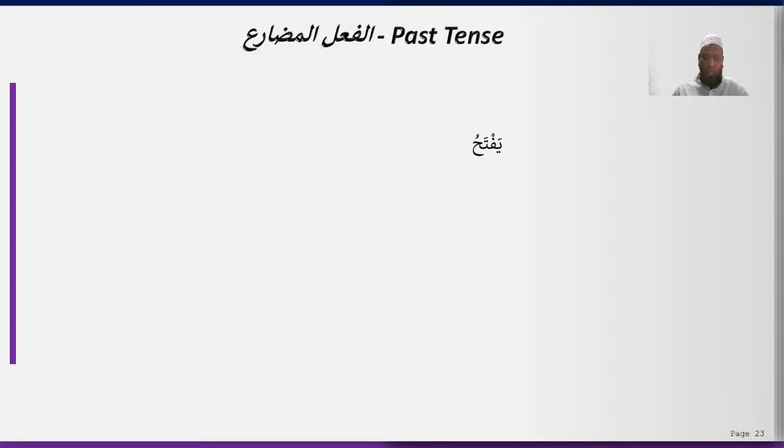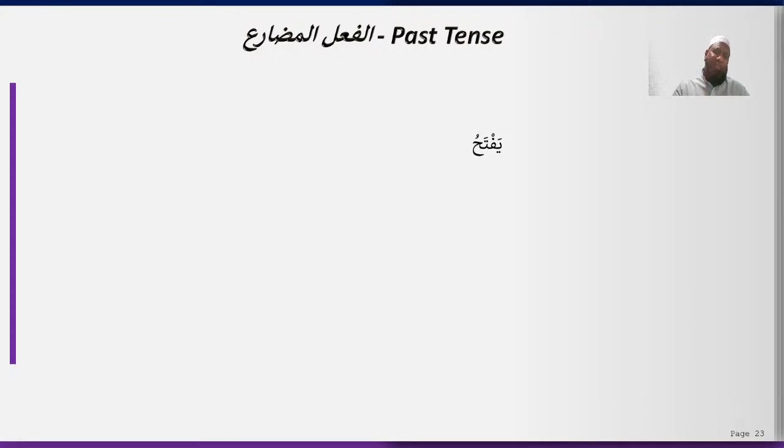Ya comes for ghaib sigas, and there's nothing to show it is muthanna or jama. And ya also comes for mudhakkar. So very simple, mudhakkar, ghaib, but which one? Mufrad, muthanna or jama? As I said, there is nothing to show it is muthanna. There is no alif al-ithnayn. There is no waw al-jama'ah. So it is mufrad. Yaftahu.